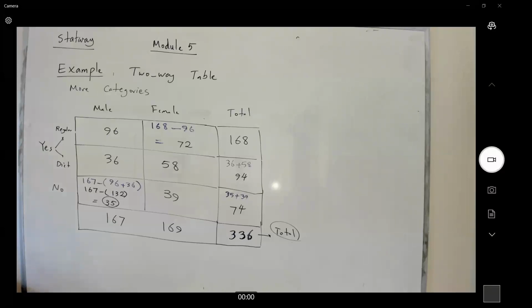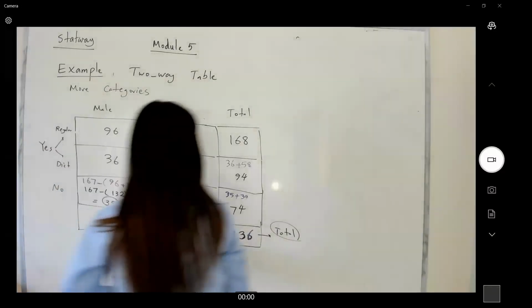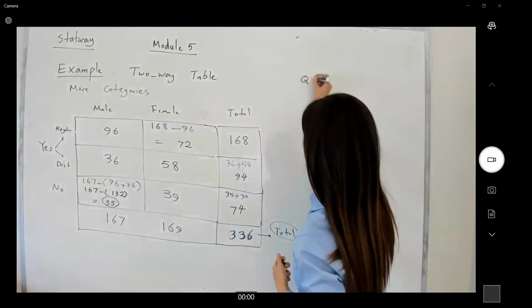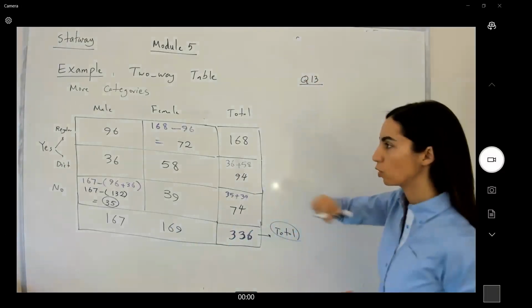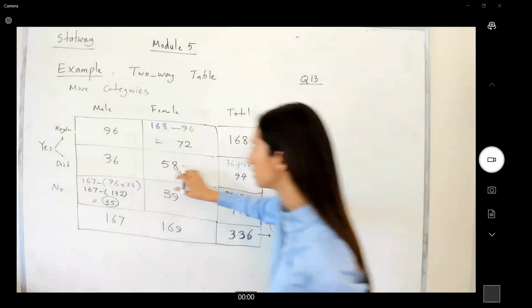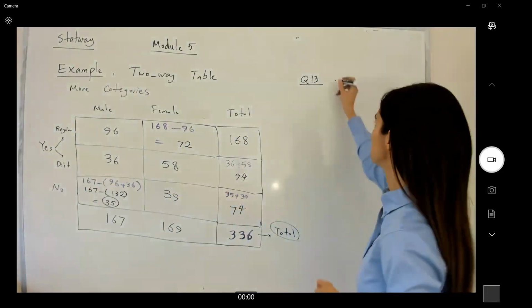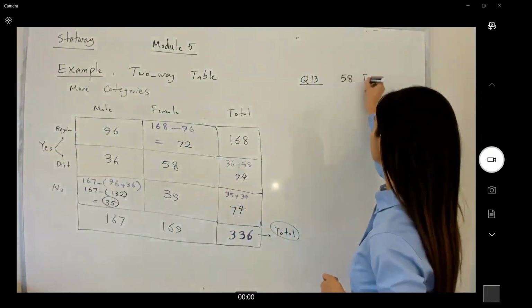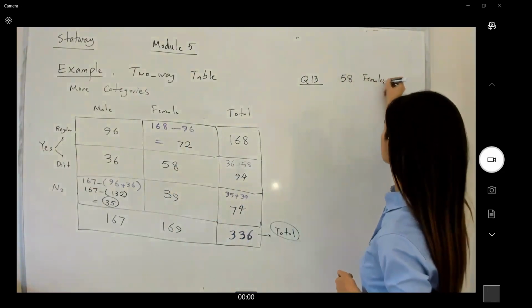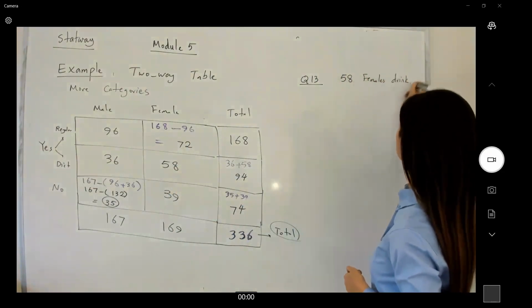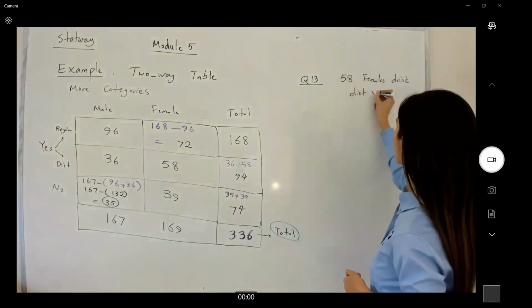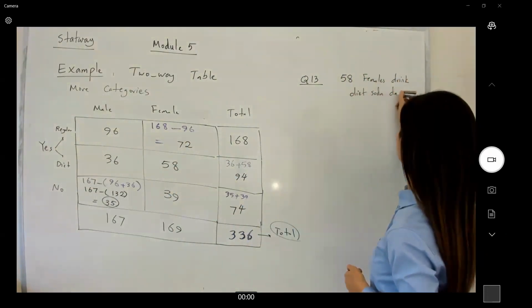So question 13 says, how many females actually drink diet soda daily? Okay, diet soda daily, 58 of them. 58 females drink diet soda daily.